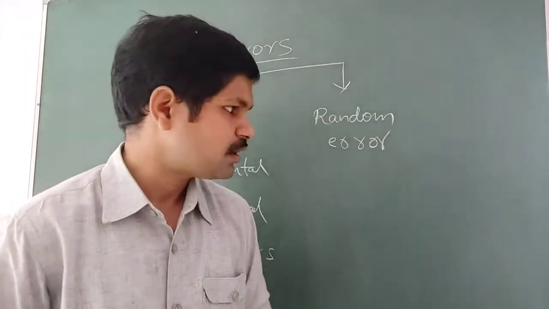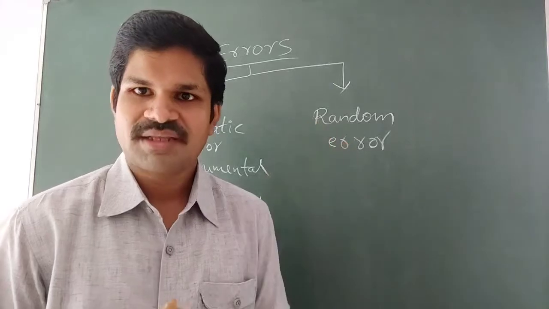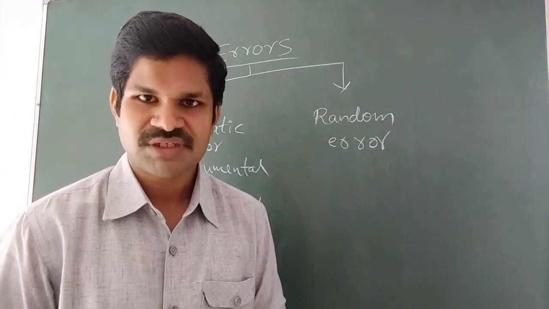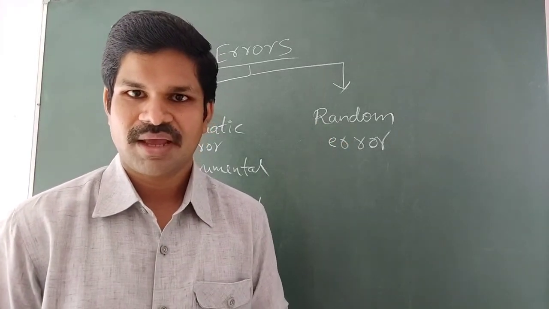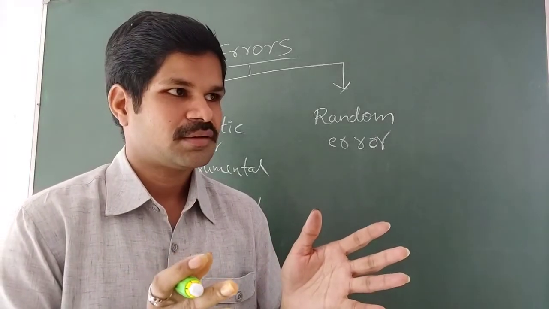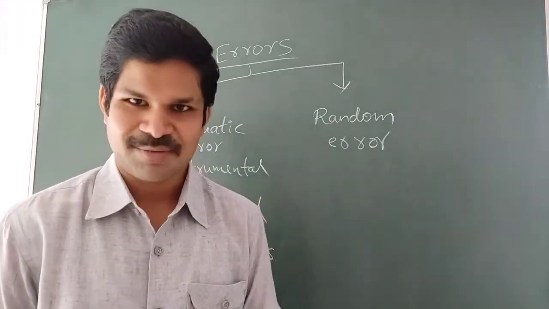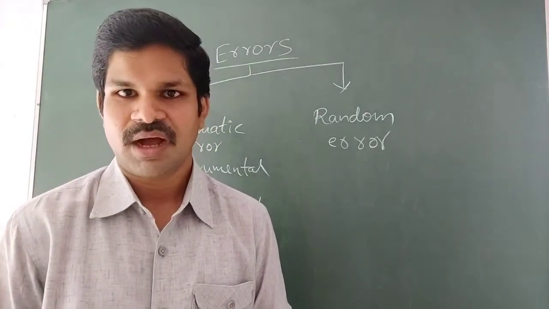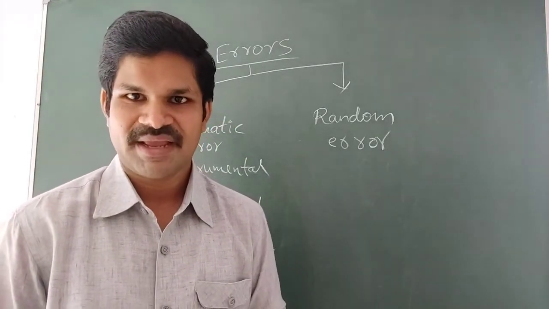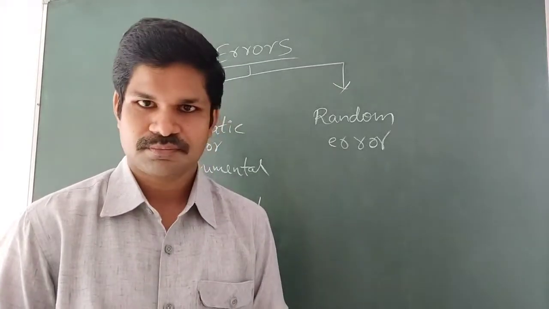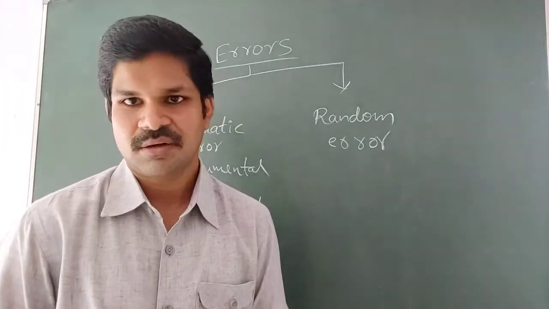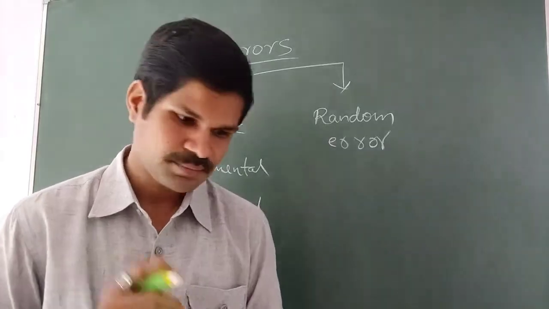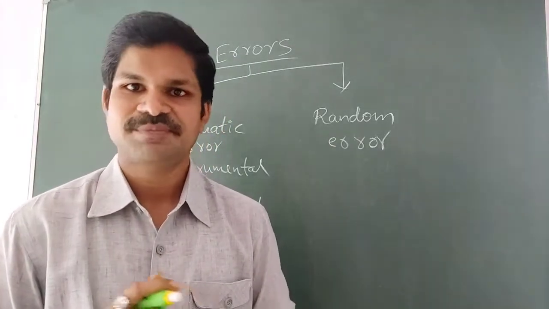First of all, I just want to say the method to avoid random errors. These random errors can easily be avoided or eliminated by taking a number of observations. This is the best method to avoid random errors. Now, what are the types of errors?